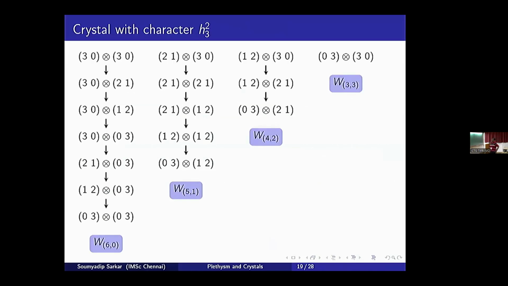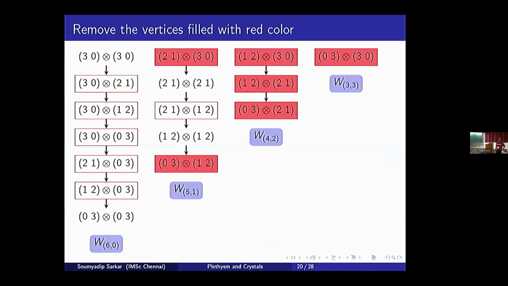Here is one example. This is the crystal structure for H_3 squared, H_3 times H_3. What is H_3 times H_3? That is just S_60 plus S_51 plus S_42 plus S_33. Now I will make some observation. I have colored something. Inside W_51, for example, look at the vertex (2,1) tensor (3,0).